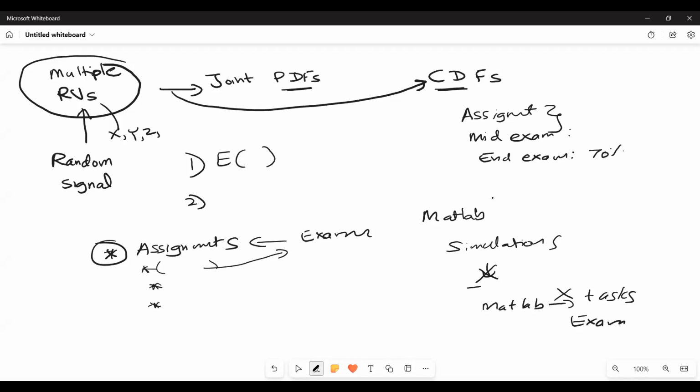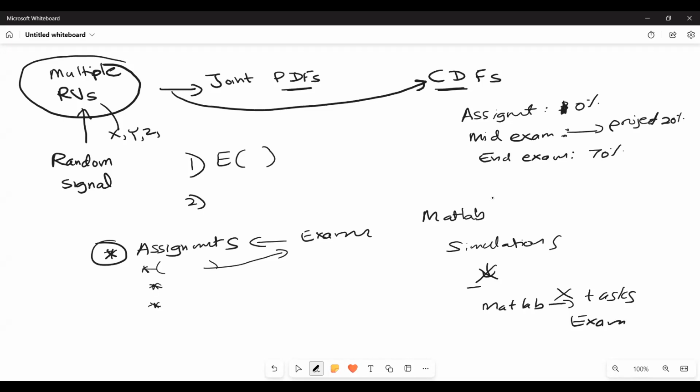If I consider it a closed book exam, I will take it as an exam. If I'm giving the mid exam as a project or something, then I will consider it as an assignment. In that case, I will consider the percentage to be maybe 20%, and then from the assignments 10%.